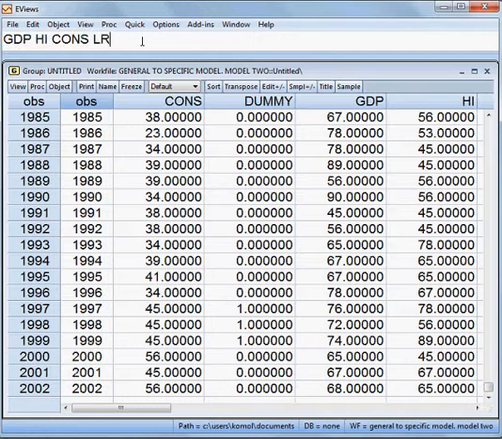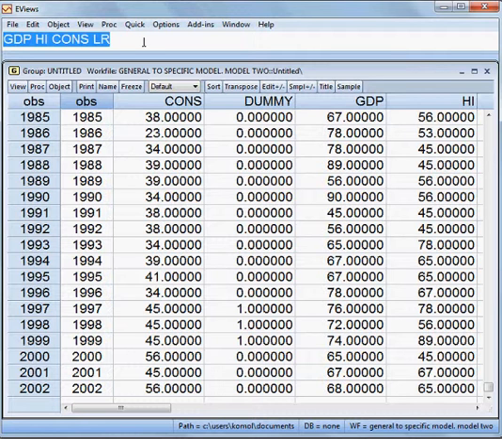But we assume that all the four variables have the same level of integration. That we just assume without checking.